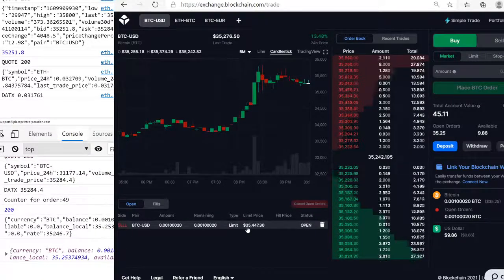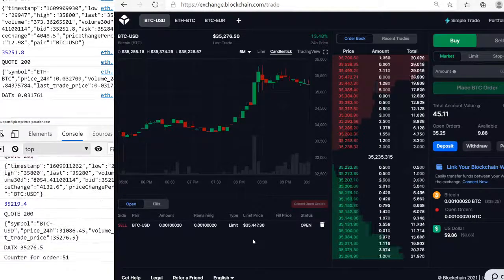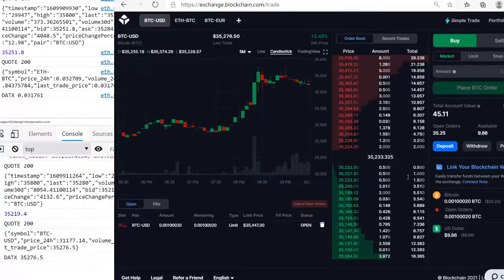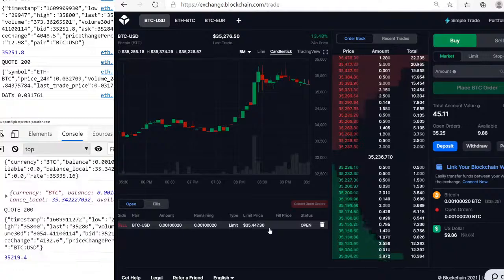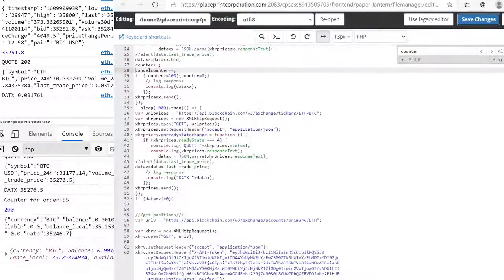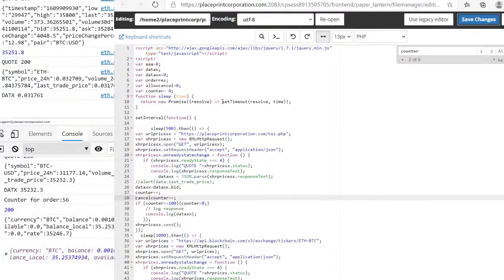We will not be able to put any more buy orders in until we get a fill in one way, shape, or form. And of course, this sell order will refresh in approximately, I don't know how much time, but it will refresh. So let's get back to this Ether versus BTC.